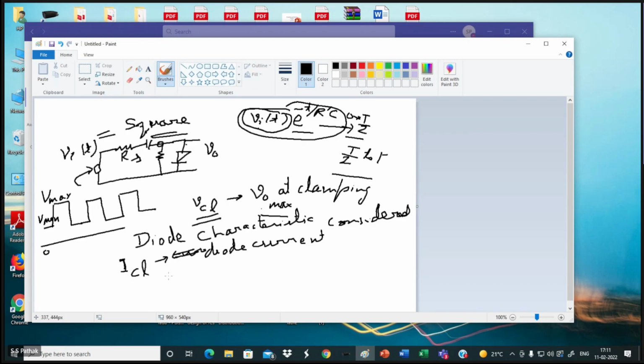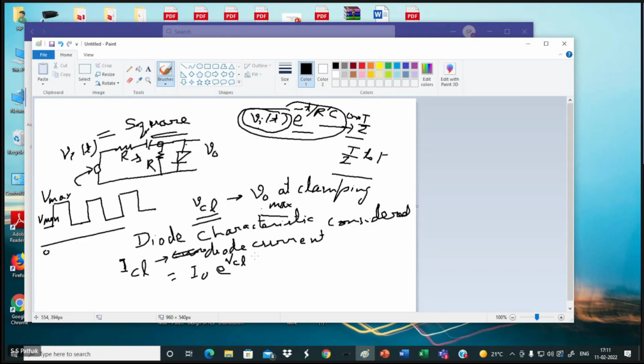So this ICL will be given by the reverse saturation current, you remember this thing, into e to the power, across the diode voltage is VCL. Even if R is there, remember this R is there, even then across the diode the voltage is VCL.